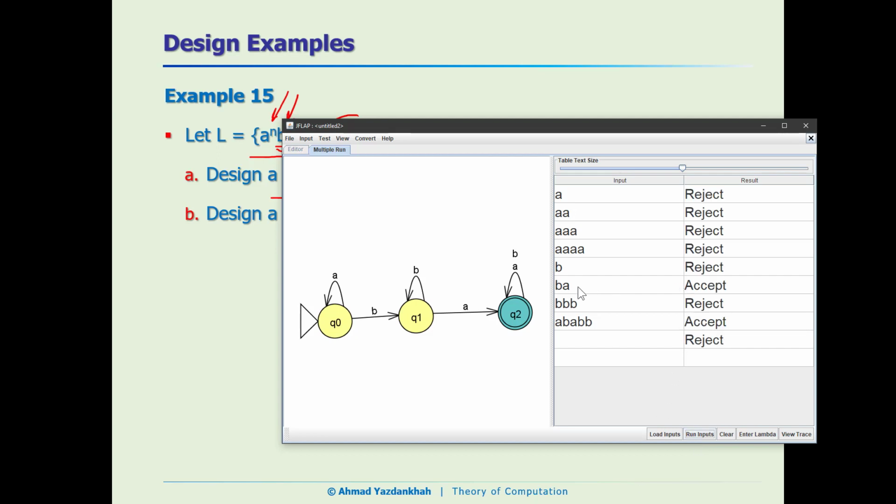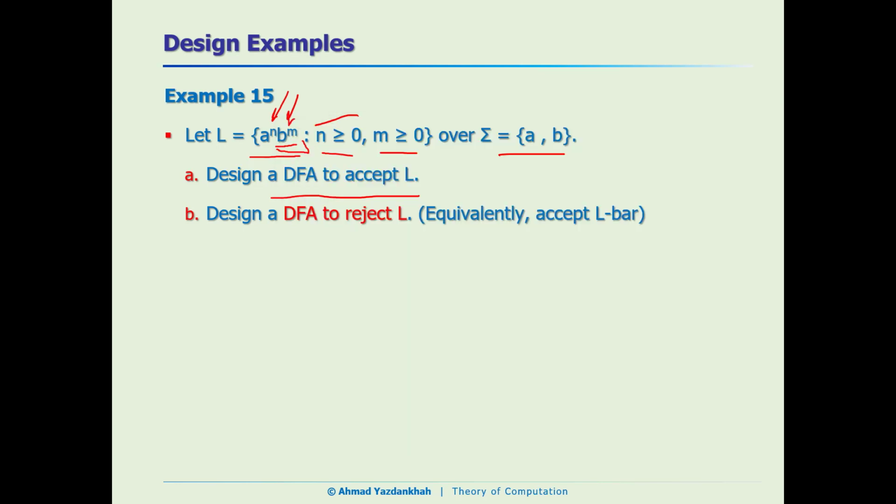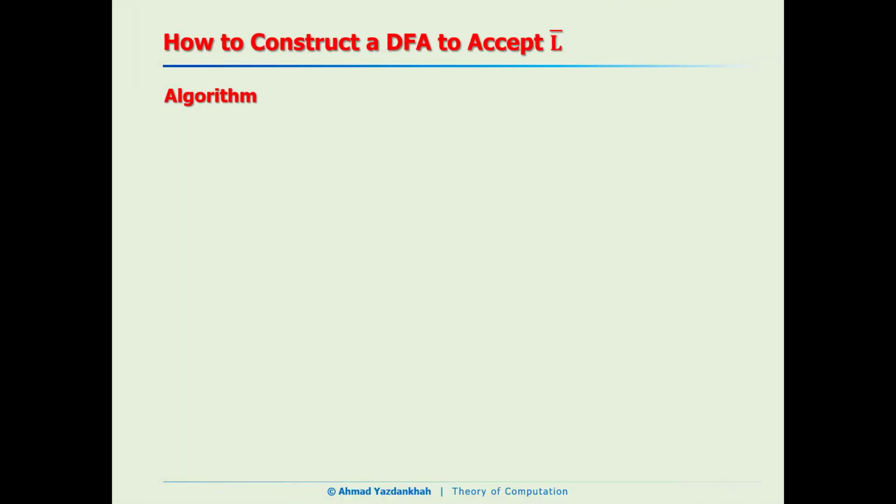You see, BA is accepted now. ABABB is accepted. And even the lambda is rejected too, right? So, the role was reversed. Exactly, it was reversed.